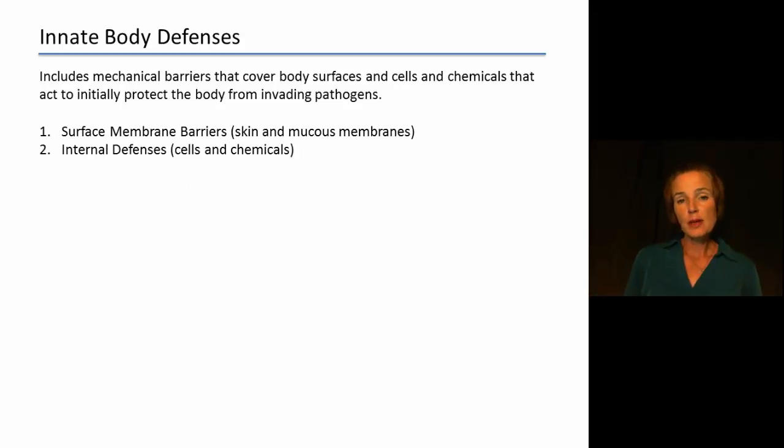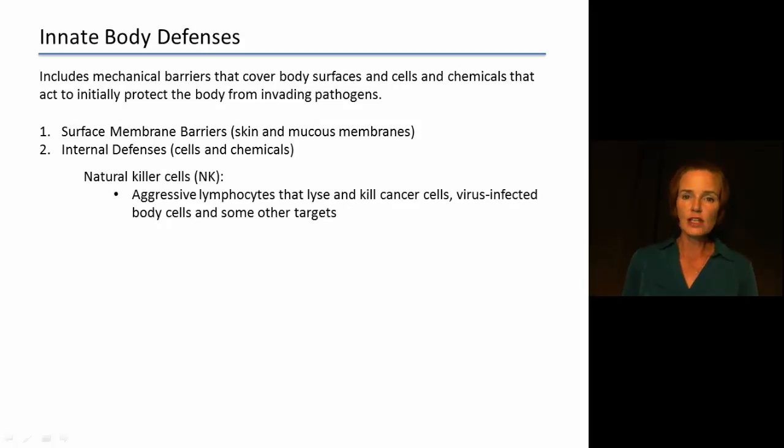Besides these surface membrane barriers, there are also some internal defenses that are part of the innate body defenses. This will include certain cells and also some chemicals. Now, natural killer cells make up a big part of these internal defenses. These NK or natural killer cells are aggressive lymphocytes, and they are going to lyse and kill cancer cells, virus-infected body cells, and also some other targets.